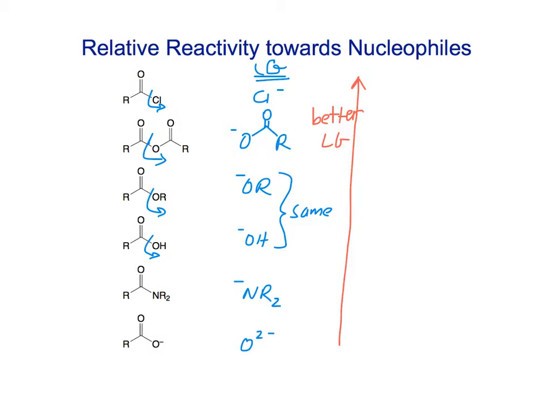The other thing that influences the reactivity is the amount of positive charge that's placed on the carbonyl carbon. So it's the amount of delta plus on the carbonyl carbon. And this depends on really two things as well.